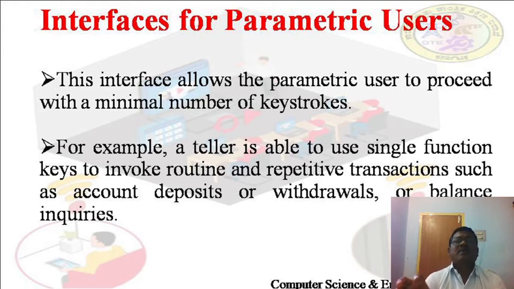If you simply click on that, you get the balance or withdrawal. That is how they make use of only a minimum number of keystrokes, and with the help of minimum keystrokes he can interact with the database. This is how the interface for parametric users works.